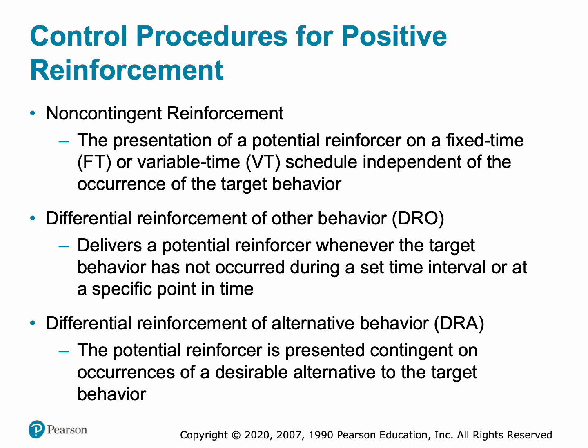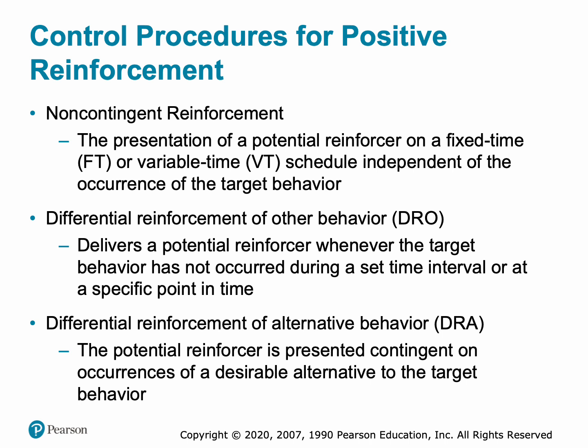So an example of this would be, let's say that I'm working with a child to remain seated, and the problem behavior is them getting out of their seat. Well, I could use differential reinforcement of other behavior in order to reinforce them remaining seated, and try to reduce them getting out of their seat.